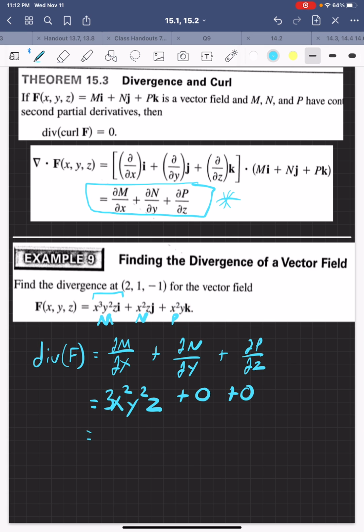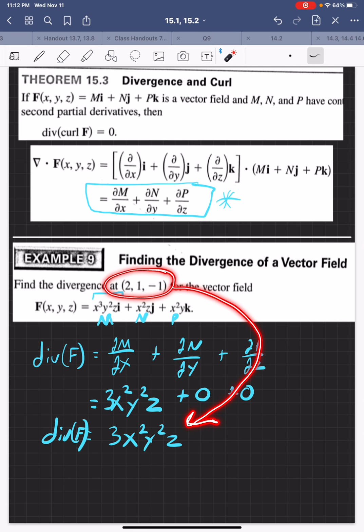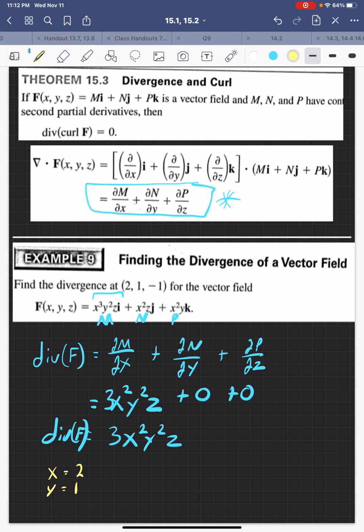So this here is the divergence of your vector field. But we care to consider divergence at the following point. All that is going to happen is I'm just going to plug in, with x equaling 2, y equaling 1, and z equaling -1.